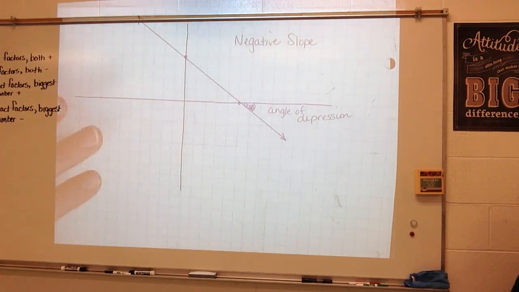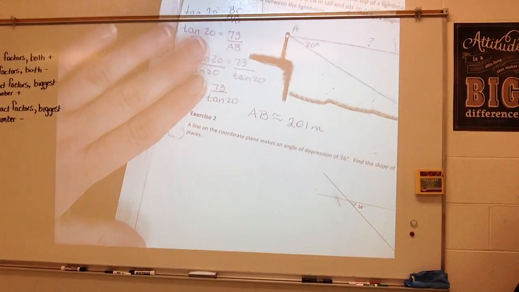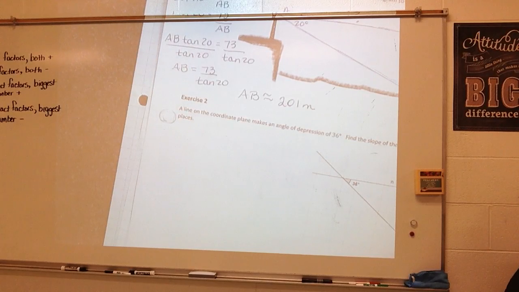All right, so let's look at exercise number 2. A line on the coordinate plane makes an angle of depression of 36 degrees. Find the slope of the line, correct to 4 decimal places.